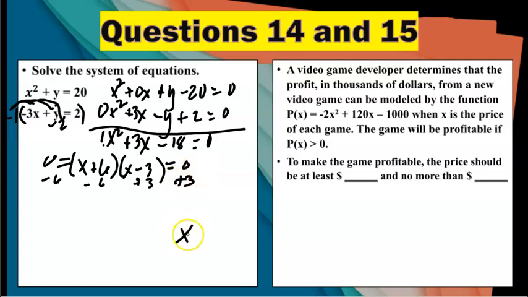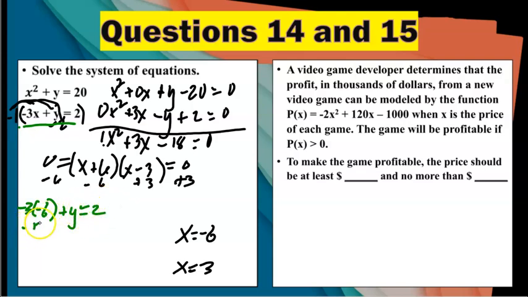Right now I have x equaling a -6 and x equaling a +3. Now to find the y coordinates, I'm going to use this bottom one here. So if I have -3 times, if I put a -6 in here, that gives me 18. 18 plus y has to give me 2.